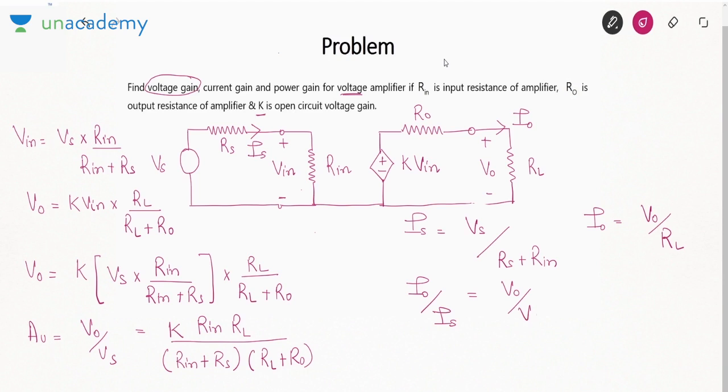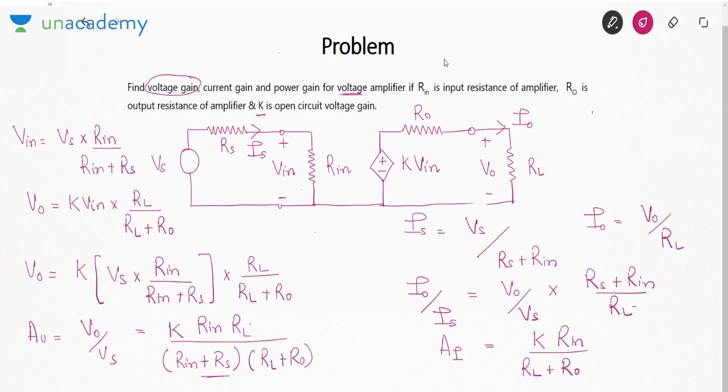It will be V0 over Vs into Rs plus Rn over RL. V0 by Vs we already know. If you substitute V0 by Vs, this RL will get cancelled out with the denominator, and Rs plus Rn will also get cancelled. It will be K Rn over RL plus R0. This is your current gain.